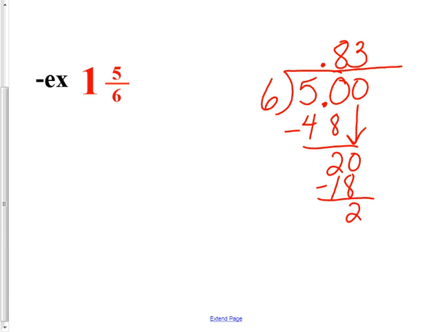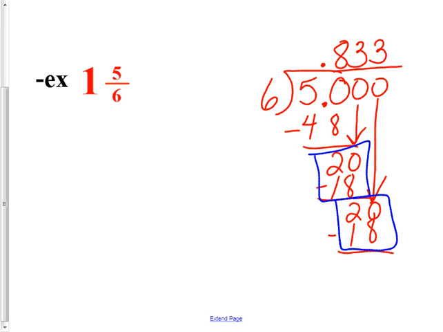And we're going to see it right here, where it's going to repeat. And so notice this time we have one problem that's repeating. That means that there's going to be one number in our quotient that's repeating. So it's the 3 that's repeating, so we're going to write this. Don't forget to keep your whole number. 1 and 83 hundredths, and the bar only goes over the 3 because that's the only part that's repeating.